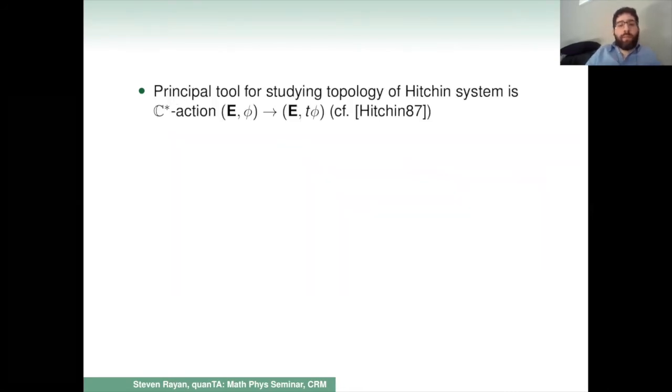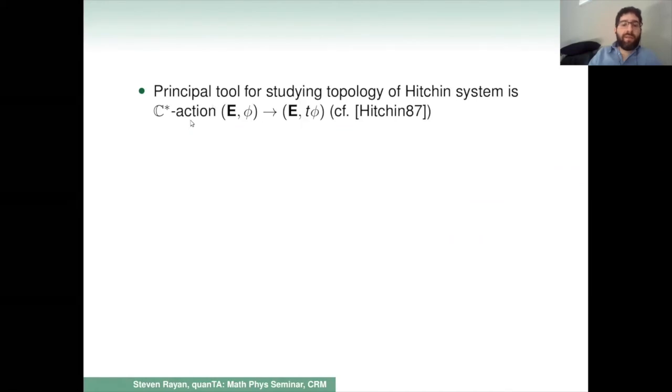This is one part of this subject where I've spent much of my time interacting with Hitchin systems, studying the topology of Hitchin systems, computing numerical topological invariants of various flavors of this moduli space. And in all of these flavors, the principal tool for studying the topology is the C-star action.